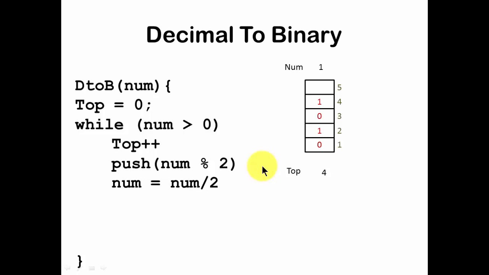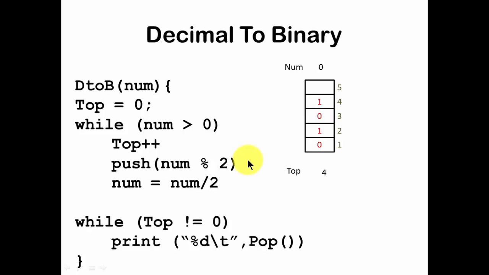Now if you want to print the binary, then you see that the binary is read from top to bottom. And this is what a stack basically does. The top is already pointing towards 1. So we want that until top becomes 0, all the elements from the top position to 0 will be printed. So I can write a while condition that while top is not equal to 0, print %d pop.